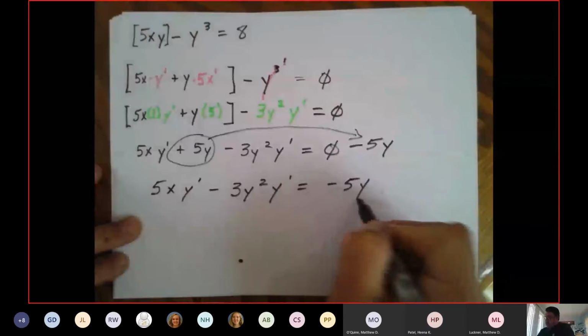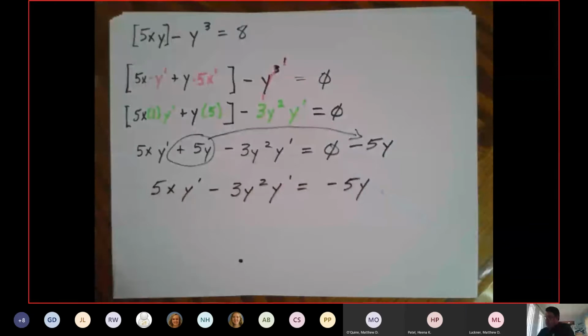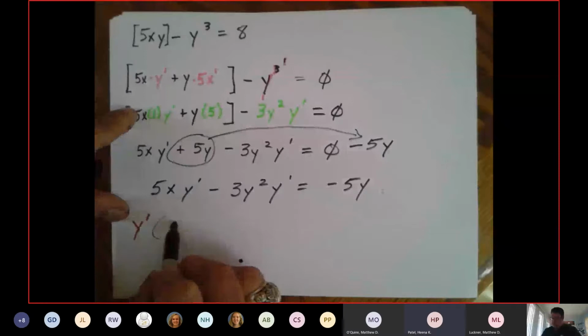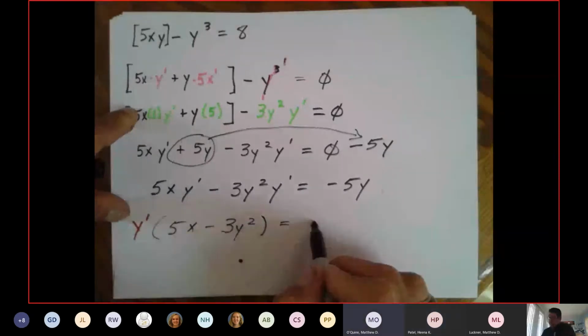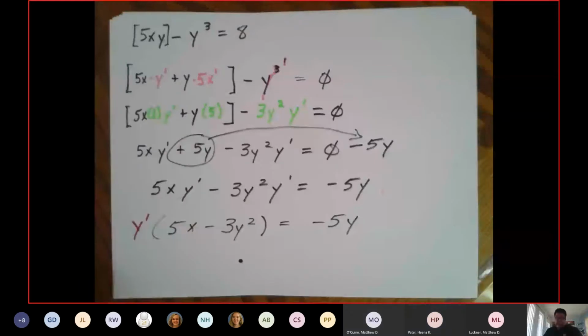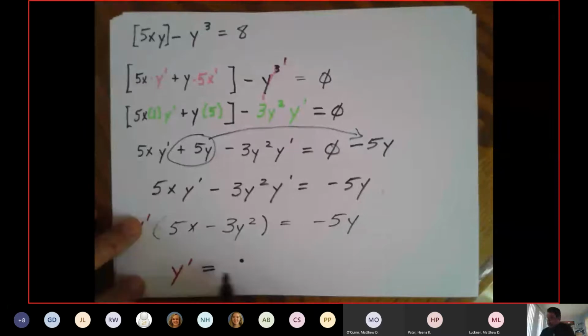I'm going to factor out y prime. And that's going to give me 5x minus 3y squared. And that's going to give me a final answer of y prime is equal to negative 5y over 5x minus 3y squared.